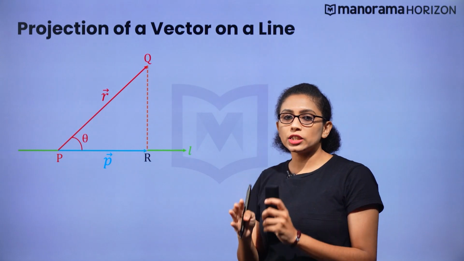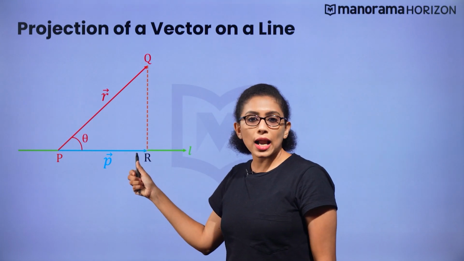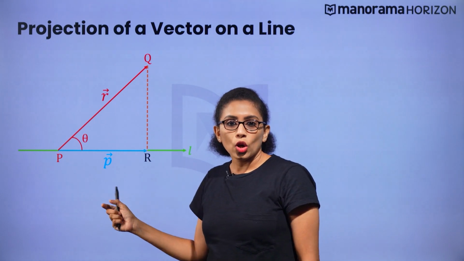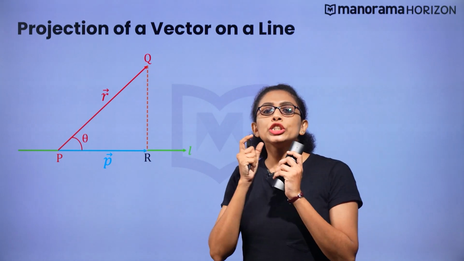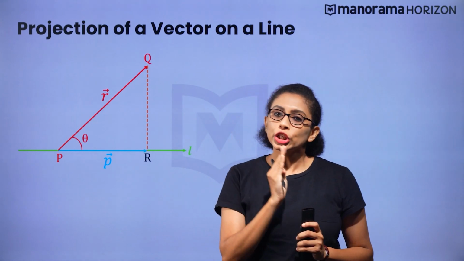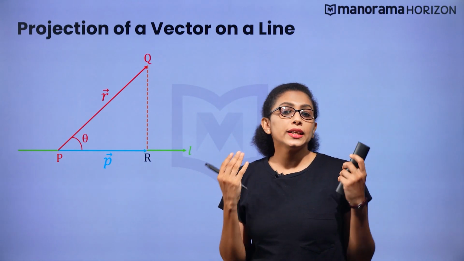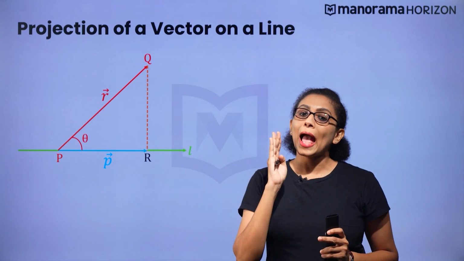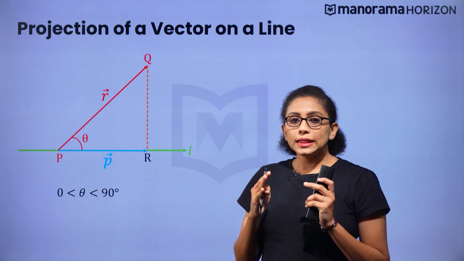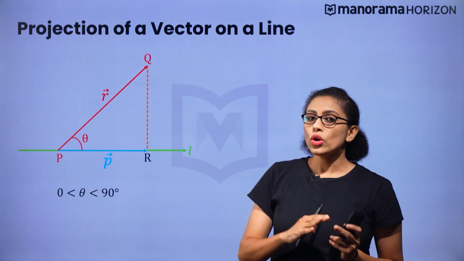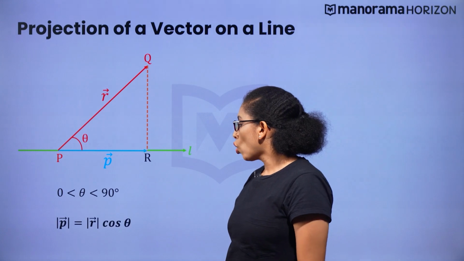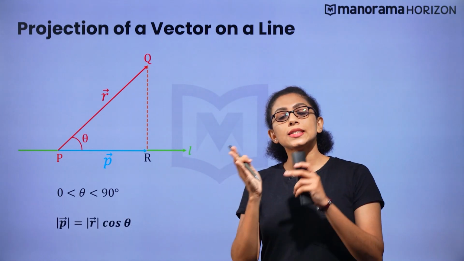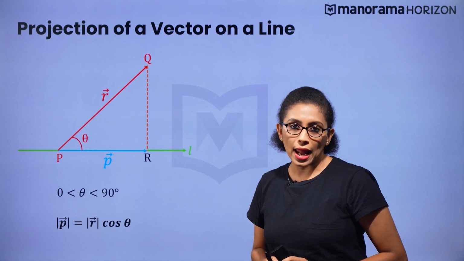The projection of vector PQ on this line L is the vector P, whose magnitude is the magnitude of PQ vector times cos theta, and the direction is either positive or negative depending on the angle theta. For theta greater than 0 and less than 90 degrees, cos theta is positive. So the vector P has the same direction as line L.